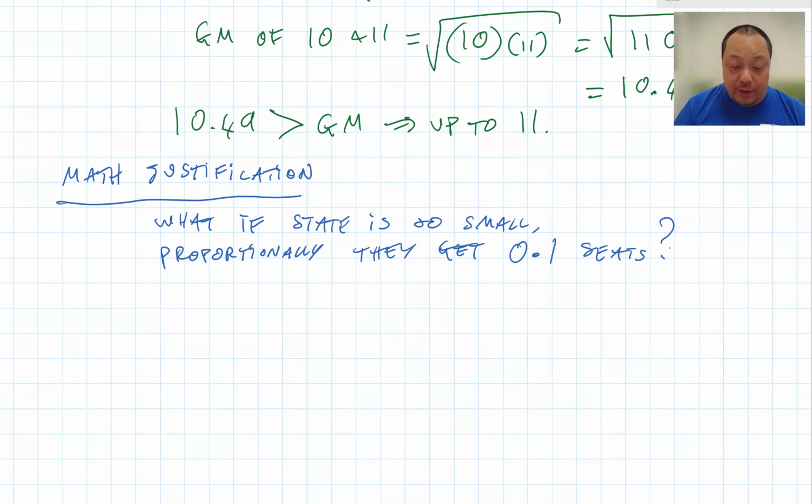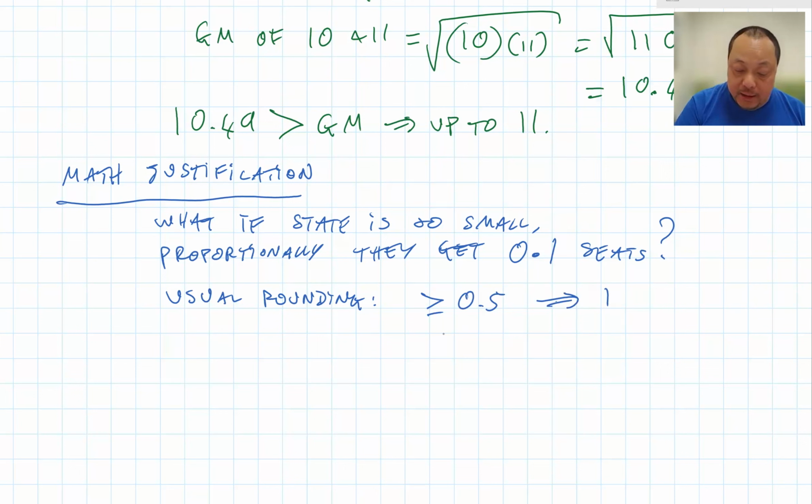Well, the usual rounding rule is if it's greater than or equal to 0.5, then it goes up to 1. If it's less than 0.5, it goes down to 0. The 0.1 would end up at 0 seats, and that's unconstitutional.